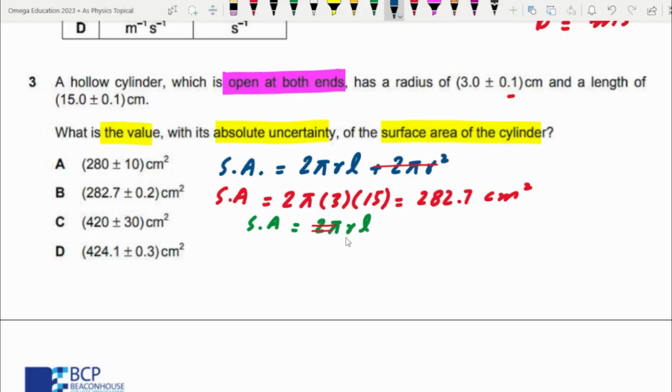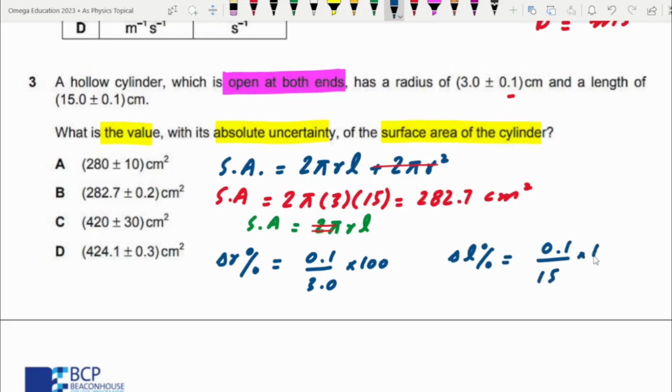So I'm going to find the percentage uncertainty of radius and the percentage uncertainty of length. You can find the fractional, but I'm going to find percentage. The percentage uncertainty of radius would be 0.1 divided by 3.0 times 100, and the percentage uncertainty of length would be 0.1 divided by 15 times 100.